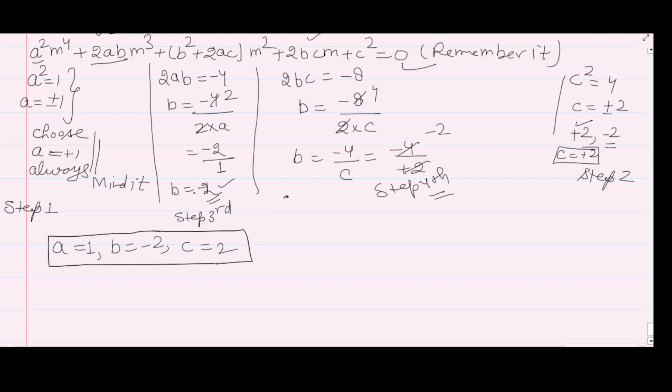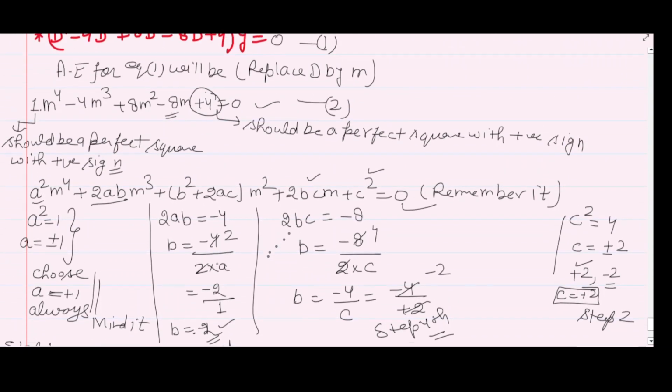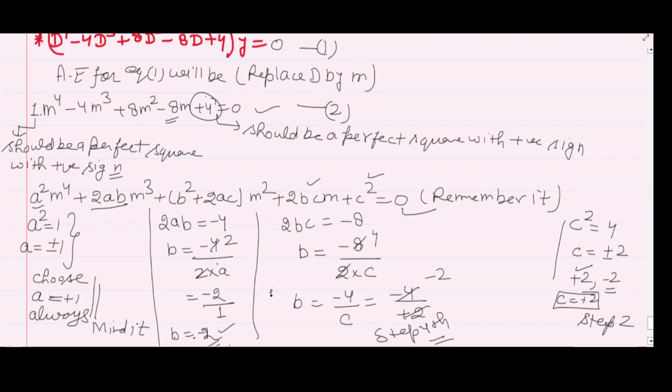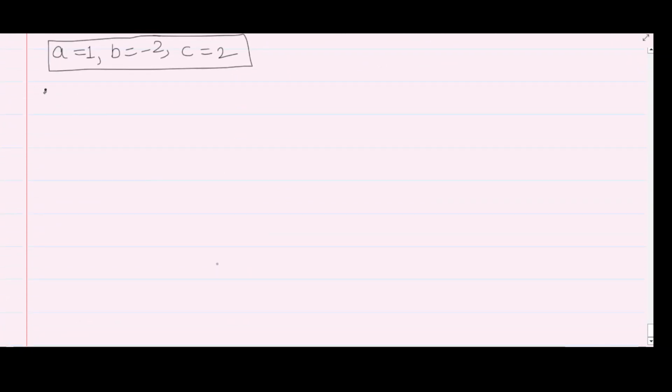Now our auxiliary equation, that was equation 2, can be written as a m square plus bm plus c whole square equal to 0.